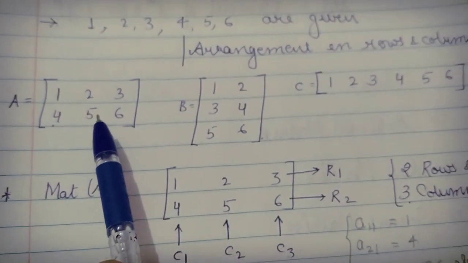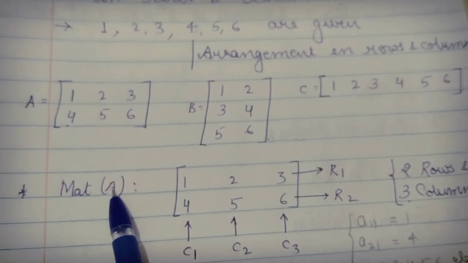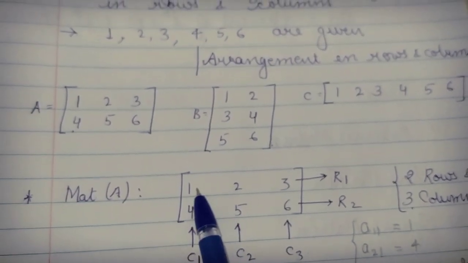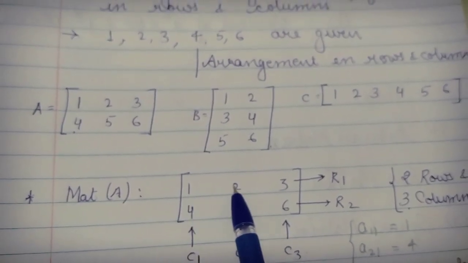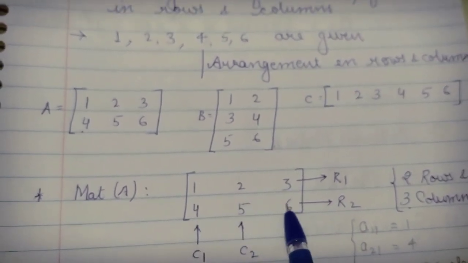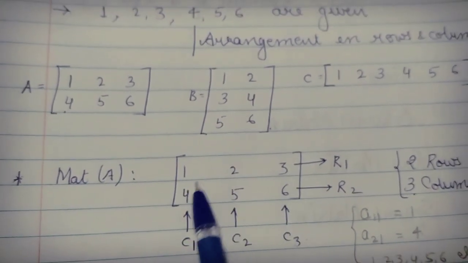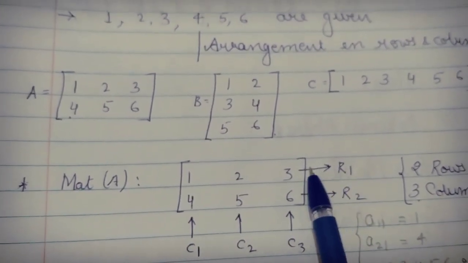Let us take the first matrix, that means matrix A. We arrange the 6 digits 1, 2, 3, 4, 5 and 6. Here these 6 numbers are arranged in 2 rows.